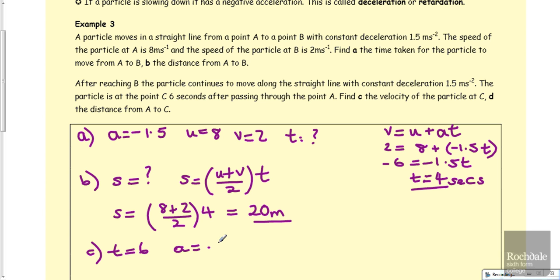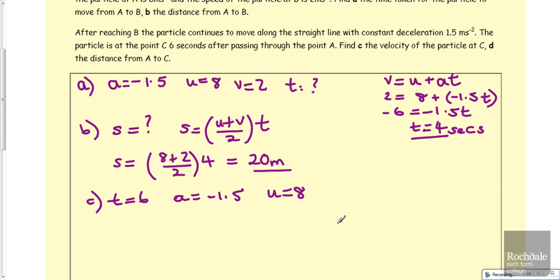We've still got the same deceleration of 1.5, and we still know that from the beginning, from A, because that's where this time was measured from, the initial velocity was 8. We've got to now find the velocity of the particle at C. Well, C is our new finishing point. We'd previously gone from A to B, now we're going from A to C. So our new finishing point, our final velocity, is what we're after.